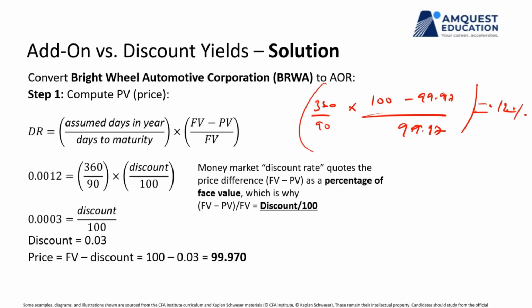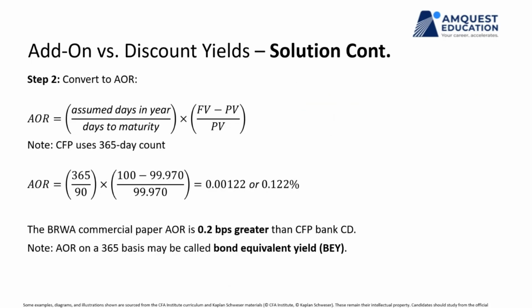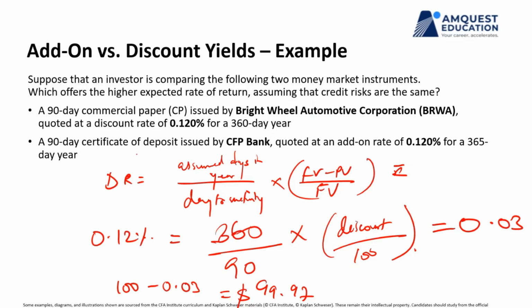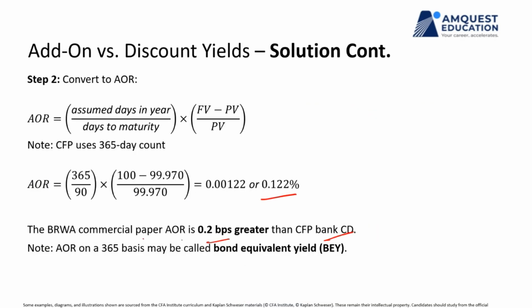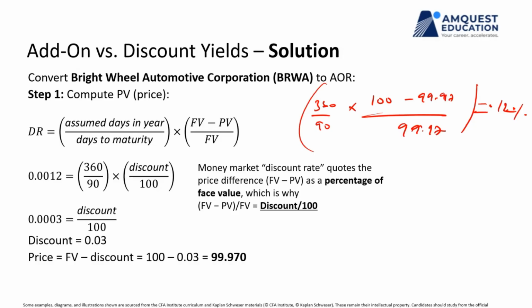Okay. So when we say add-on yield, the add-on rate is also 0.12%, which means the commercial paper AOR is 0.2 basis point greater than the CFP Bank CD. Now look at the question again. CFP Bank issued a certificate of deposit of 0.12%, while commercial paper is issued at a discount of 0.12%. In either case, there was money to be made.